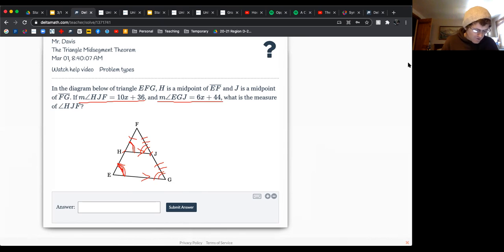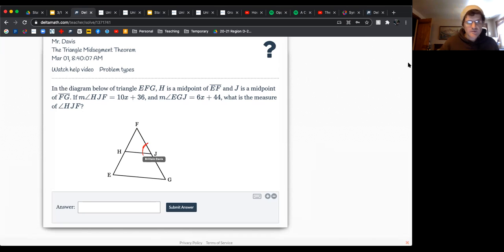And what I highly encourage you guys to do each problem is to draw this diagram and to mark on the diagram what specific segments or angles you're being asked to solve for. So in this case, it asks for the measure of angle HJF. So let me see, HJF is this one right here.